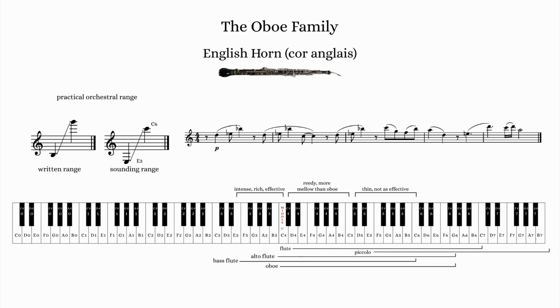In this example, listen to how the timbre changes with the highest notes. You can certainly hear the tone thin quite a bit here. It's a nice sound, but much weaker.